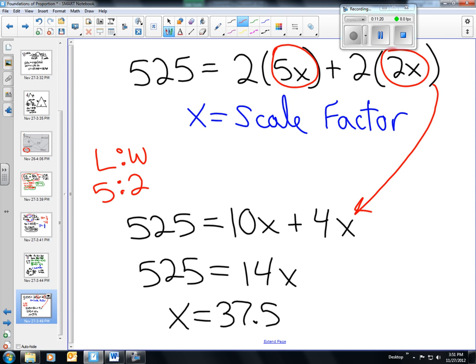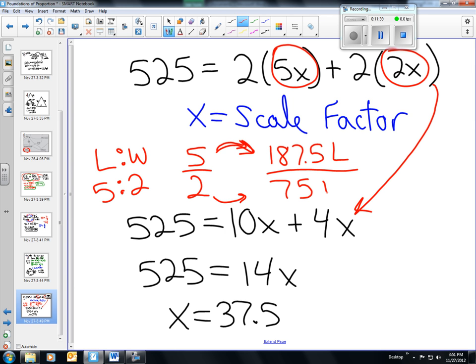And then the way to find out what the length and width are is you basically take each of those numbers and you multiply by 37.5. So 5 times 37.5 is going to equal 187.5 for the length. And then 2 times 37.5 is going to be 75 for the width.